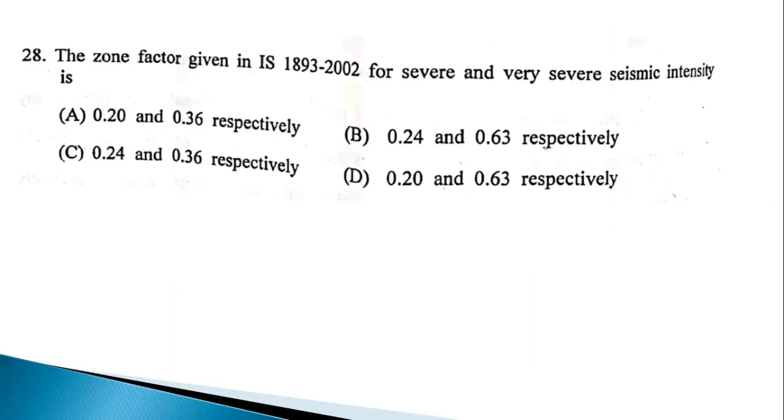Now it's given the zone factor. It's IS 1893 2002, which you will have covered in B.Tech earthquake engineering. There is one table in this IS code for all the zones.